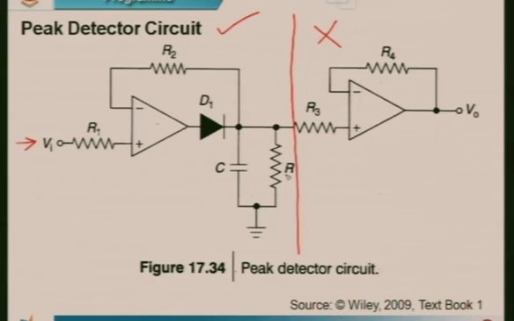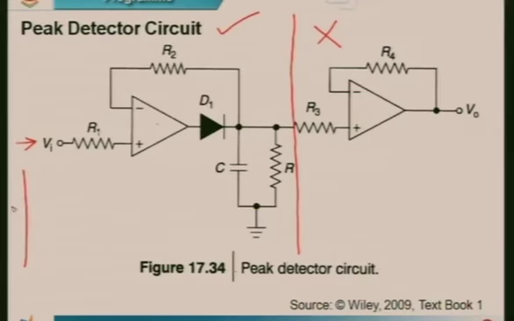Now before we analyze this circuit, let us see what is the expected input and what is the expected output. The type of input that I am looking at is something like this. It is going to be a certain frequency, the peak of which is going to change. Now I only want to see what the peak is. You can see here initially the peak is this. I will try to change the color here. Initially the peak was here, and then it is here, and then it is here.